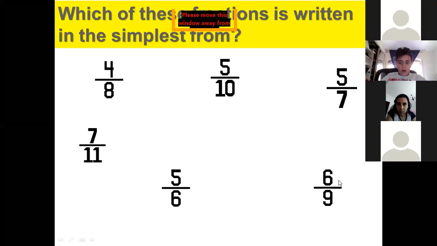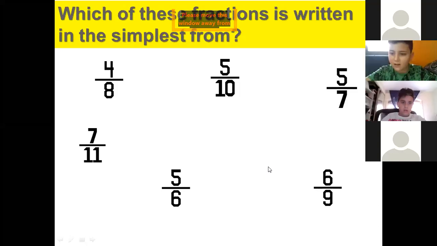Your voice is very far, Mu'in, I can barely hear you. Is this better? Yes, this is much better. Okay, can you repeat the question? Can you see these fractions? Yes. We just need to tell or choose the fractions that are written in simplest form. Which of them is a fraction in simplest form here?